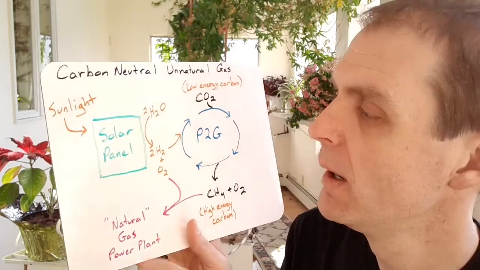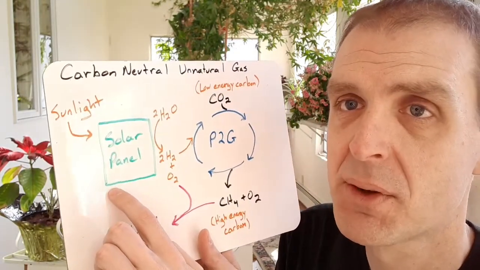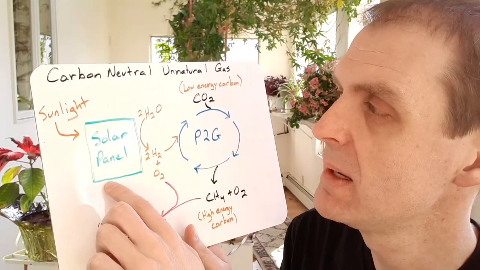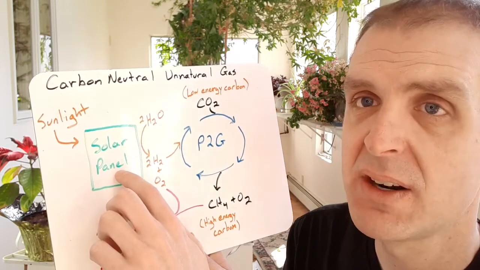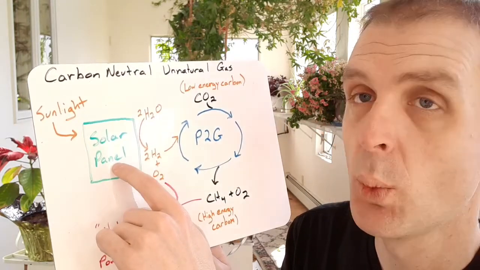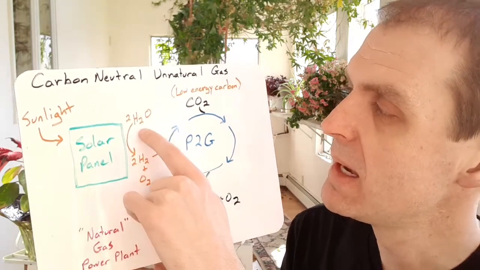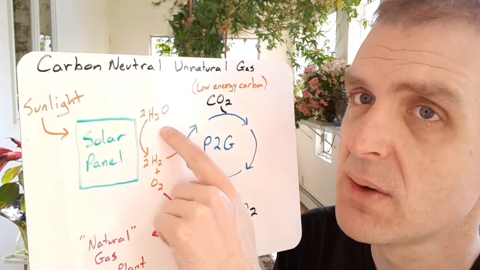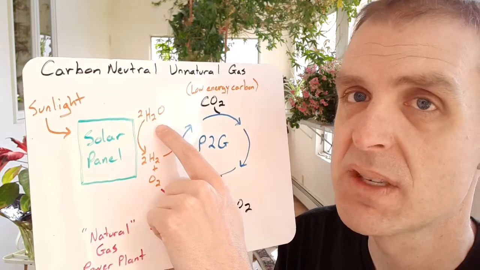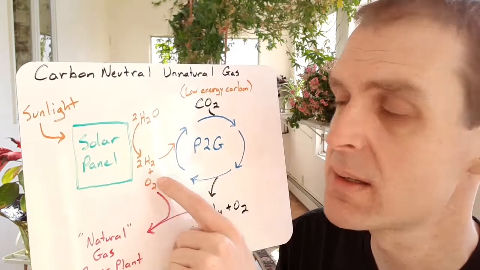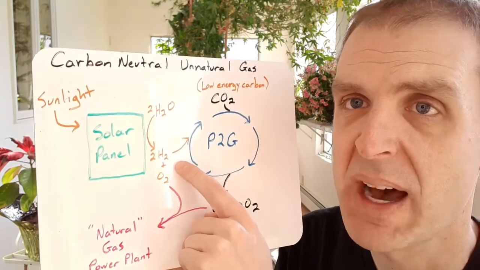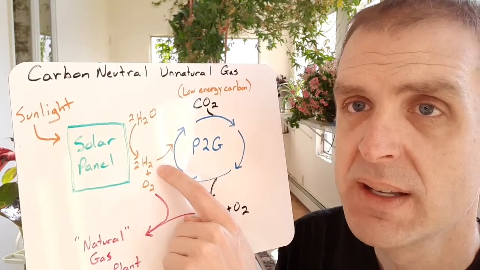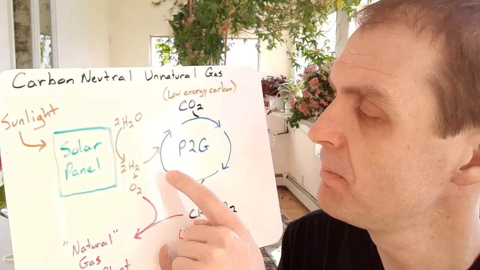Climate change. The idea would be you have a solar panel or some other source of renewable electricity, and you harvest the energy from sunlight or wind or whatever, and you can create electricity with that. And from that electricity, you could take water molecules and do electrolysis, which will break the hydrogens and oxygens apart from each other so that you end up with some hydrogen molecules and some oxygen.